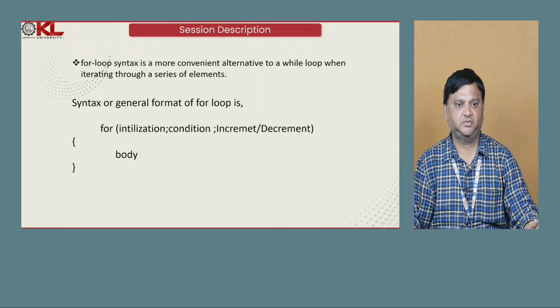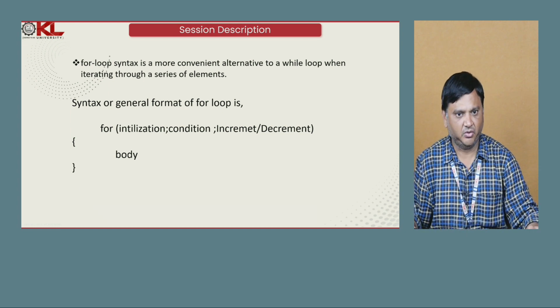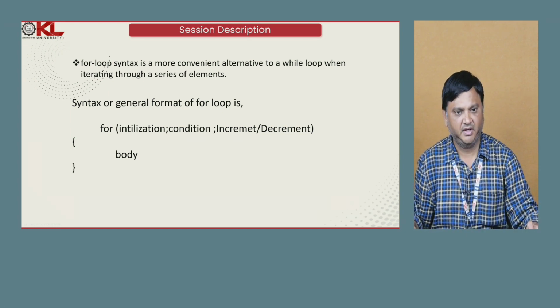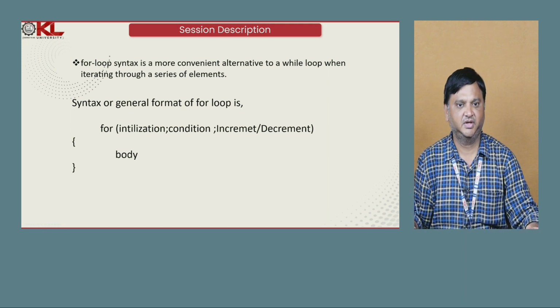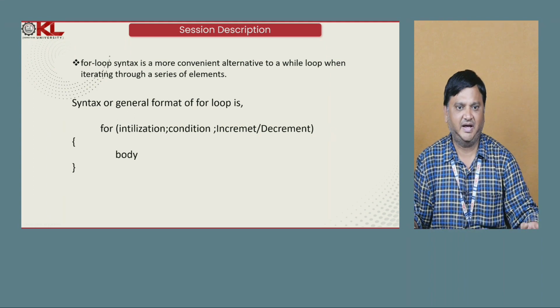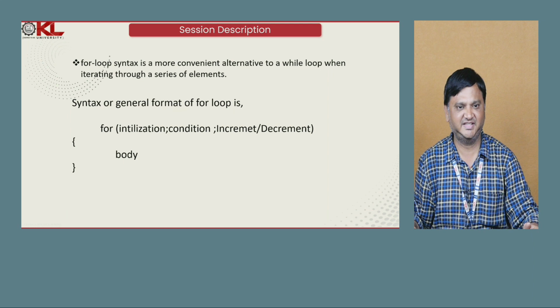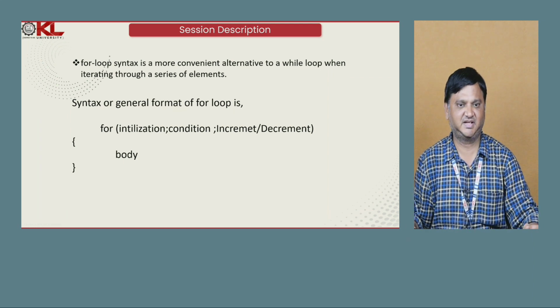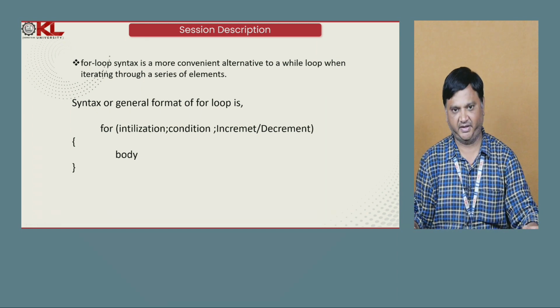Let's see how the syntax of a for loop will be. As you already know the syntax of while loop and do while loop, because we have already discussed it in the previous session. In for loop we know that every loop has three important statements in it. The first one is initialization, the second one is condition checking, and the third one is the increment and decrement operator.